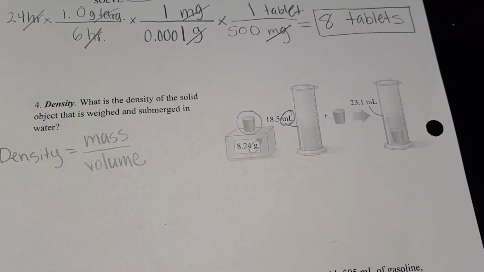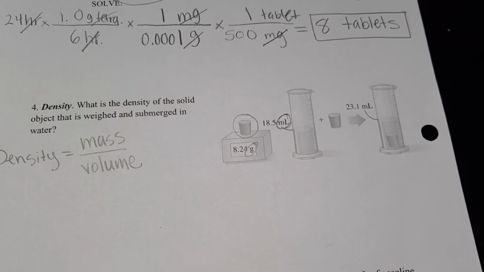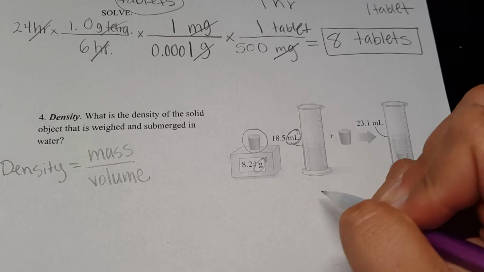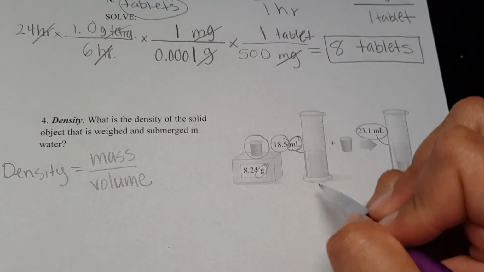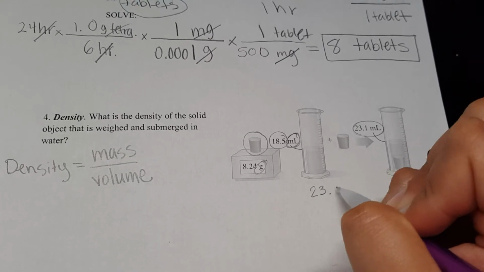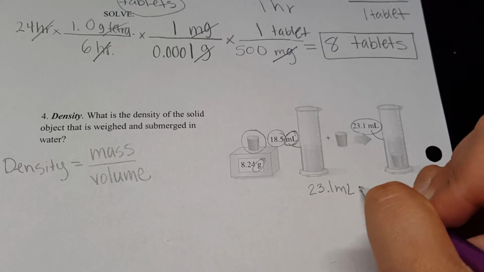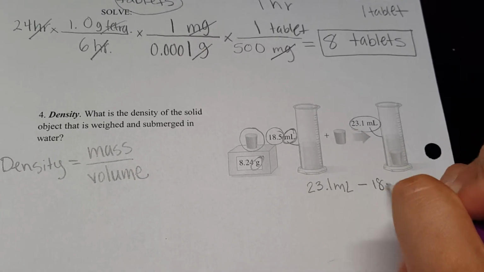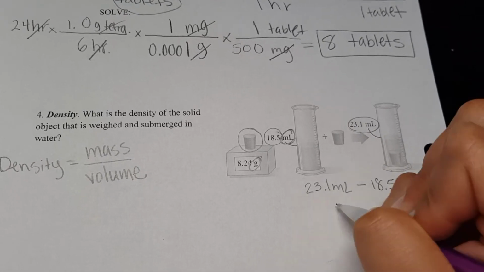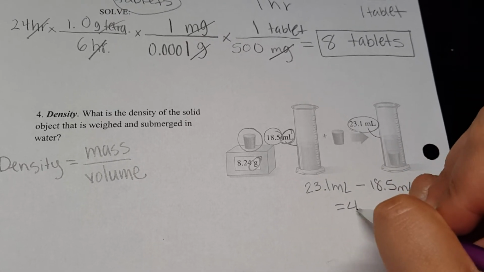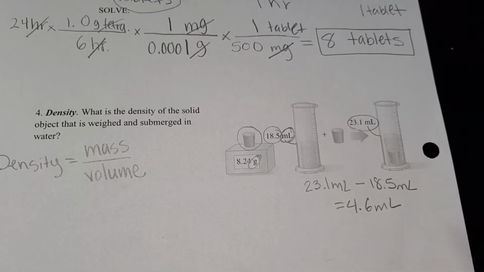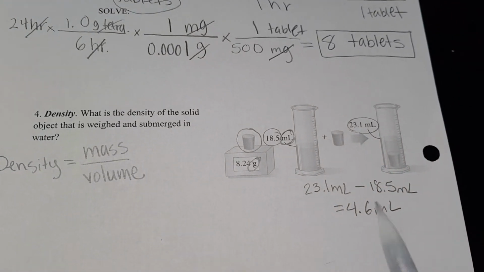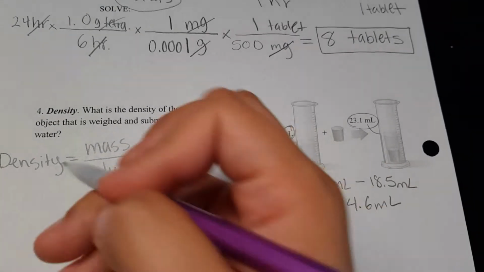To begin, we want to find the volume. So we want to subtract this from 18.5, 23.1 milliliters minus 18.5 milliliters. You will end up with 4.6 milliliters. This would be the volume of the object.